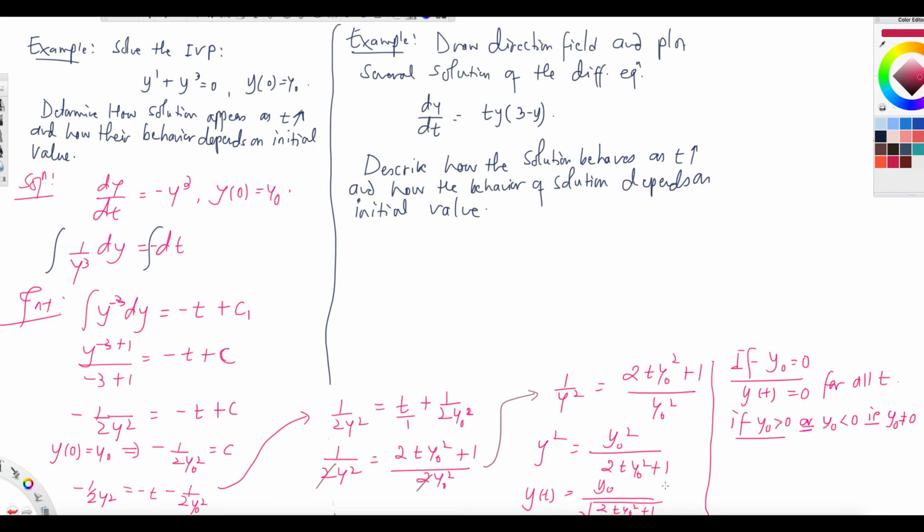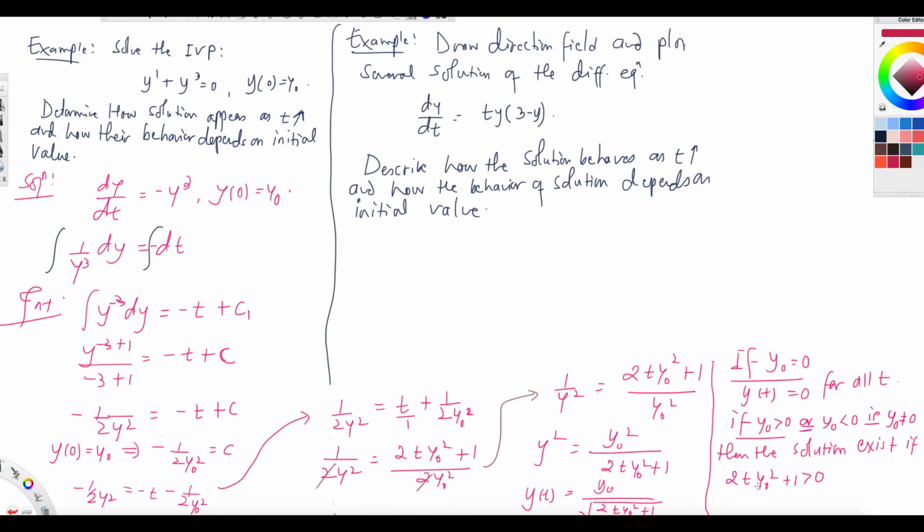In this case, y0 can be positive or negative, it does not matter, but the solution exists only if the denominator, 2t y0 square plus 1, is positive. It cannot be 0, because if the denominator is 0, then you will get infinity for y.